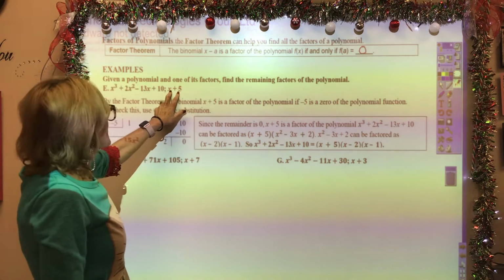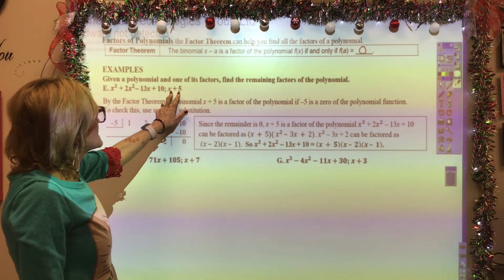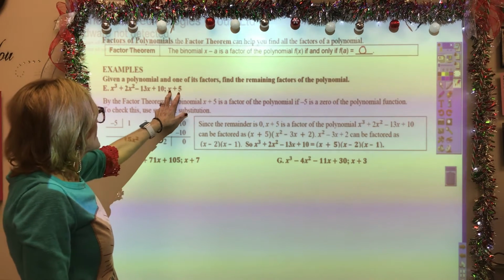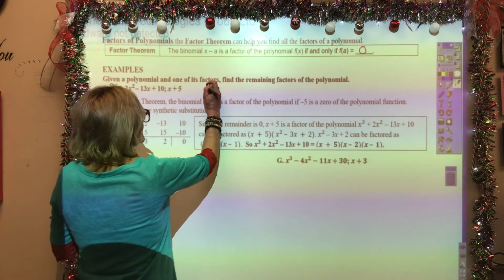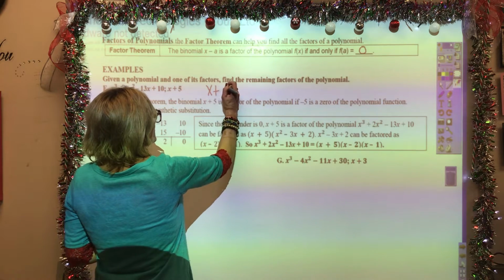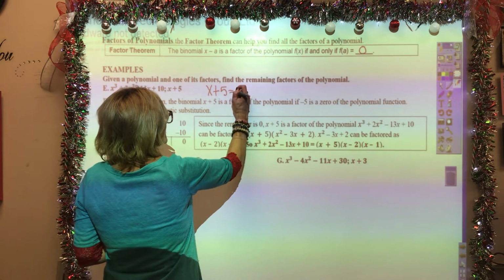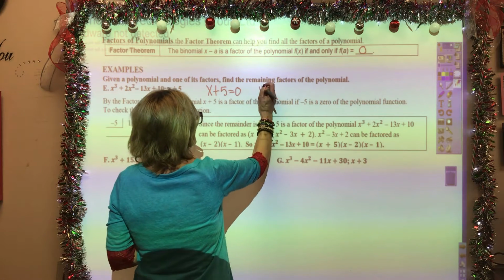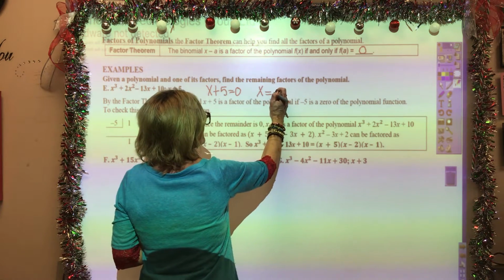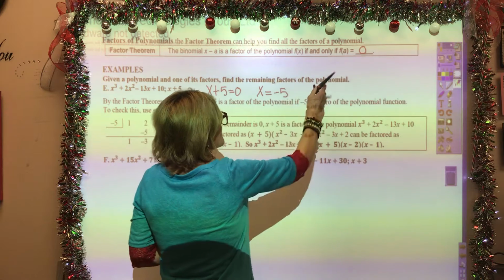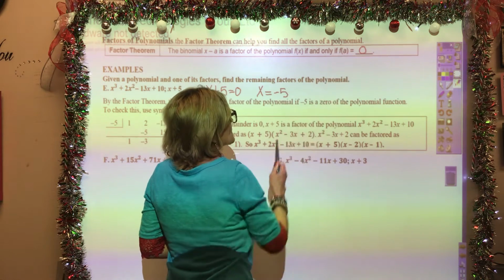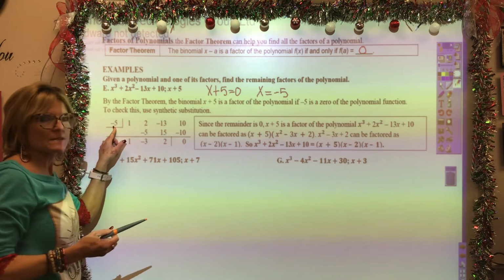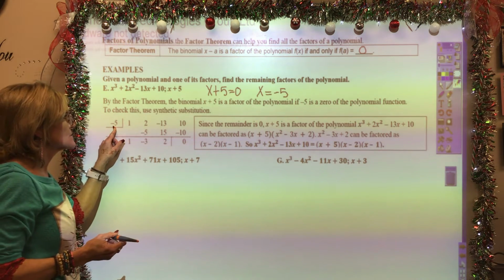So this x plus 5 is a factor, meaning that when we want to break it down further, we set x plus 5 equal to 0, and we solve for x. So we would subtract 5 from both sides. X would be negative 5. That's the input value in the function.